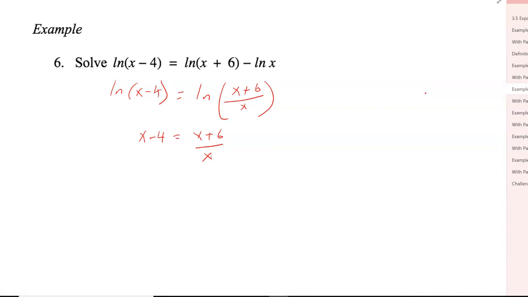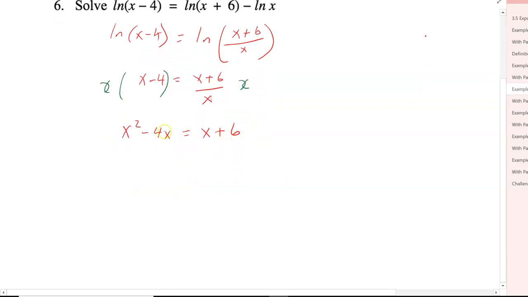Then multiplying both sides by x, we have x squared minus 4x is equal to x plus 6. Then we want to bring everything to one side, because it's looking like a quadratic. So we end up with x squared minus 5x minus 6 equals 0.